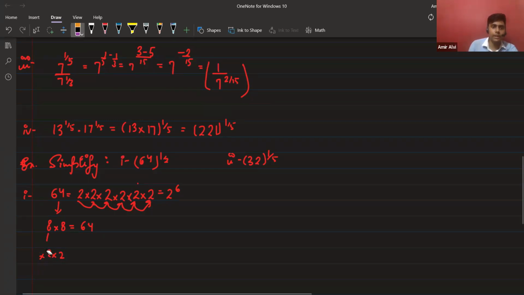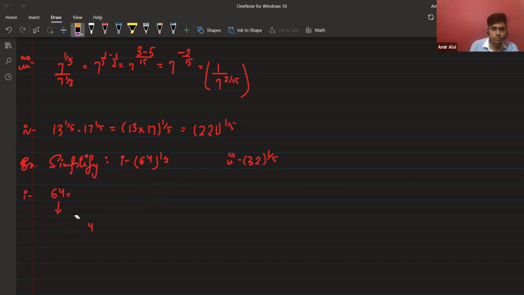Now Simrat, tell me, it's 1 by 2, right? It's 1 by 2. So, can you write 64 as 8 into 8, which is basically 8 to the power 2?